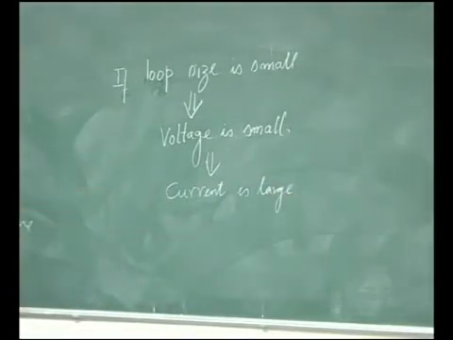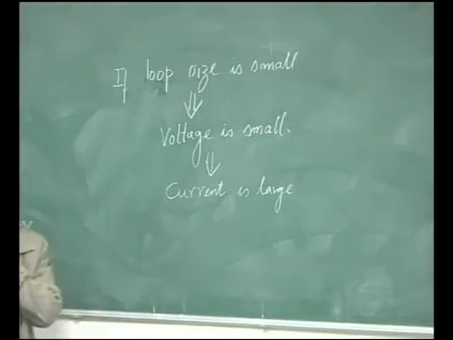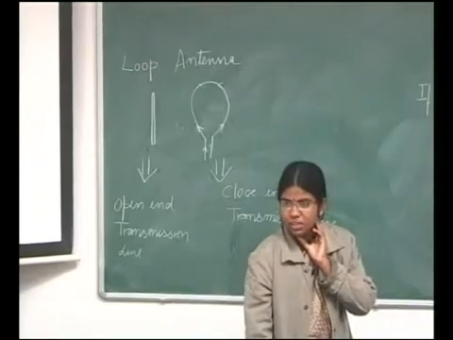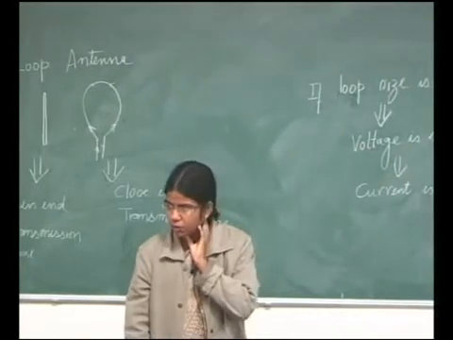So what do I mean by loop size? It is the electrical length of the loop. Here by size we mean the electrical length. So if electrical length is small, voltage is small on the loop, current is large. If current is large, then it means the input impedance of the loop is small.